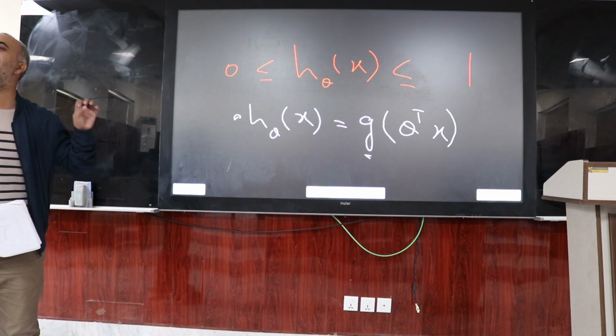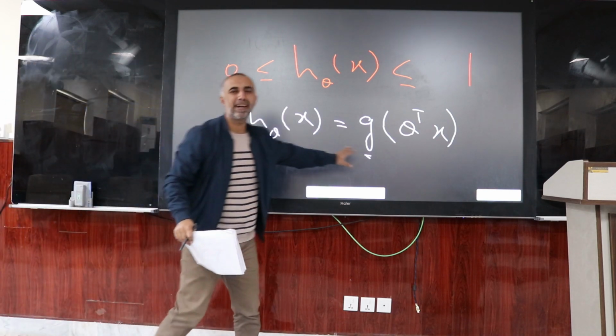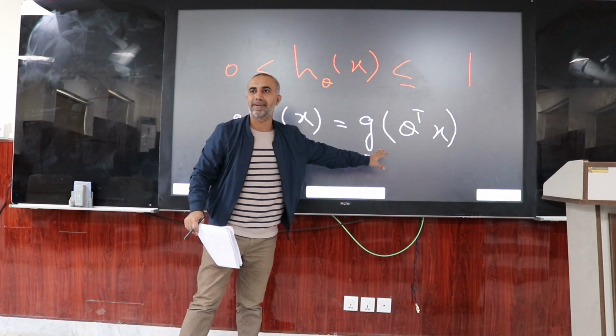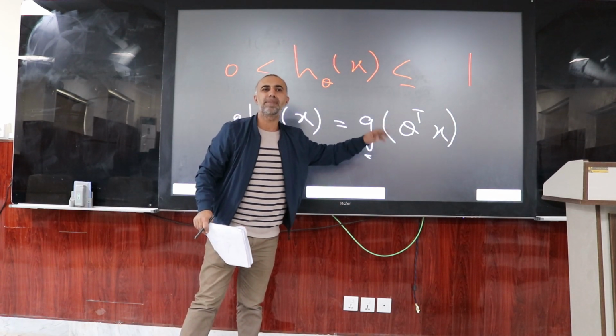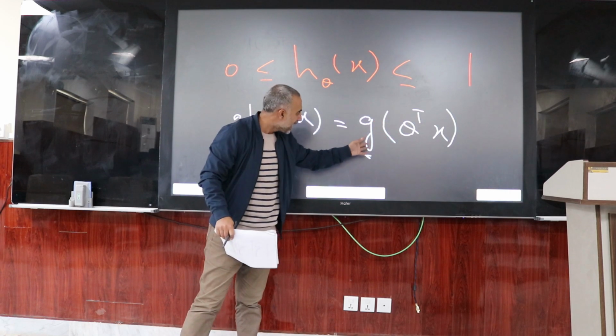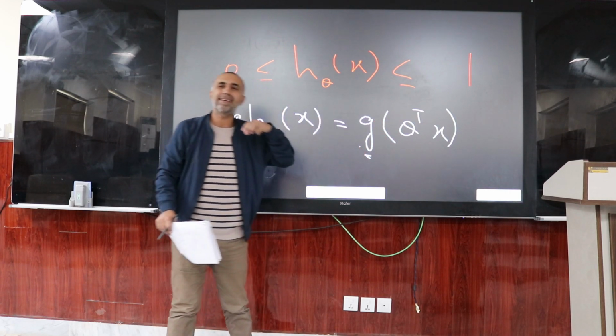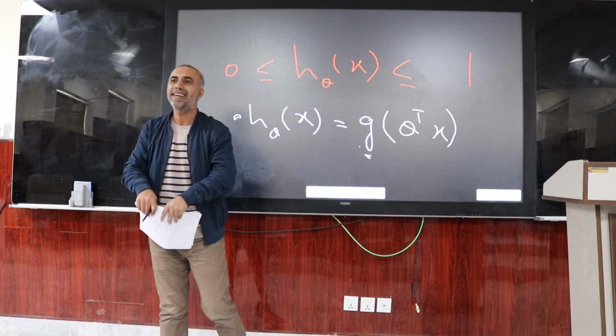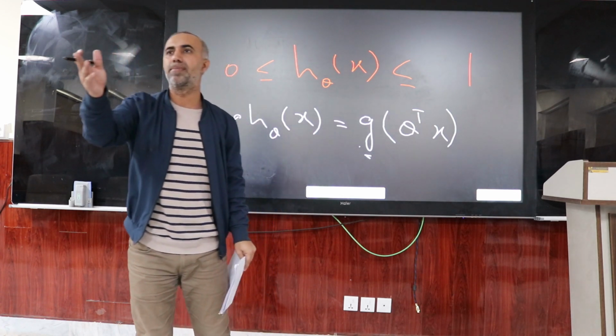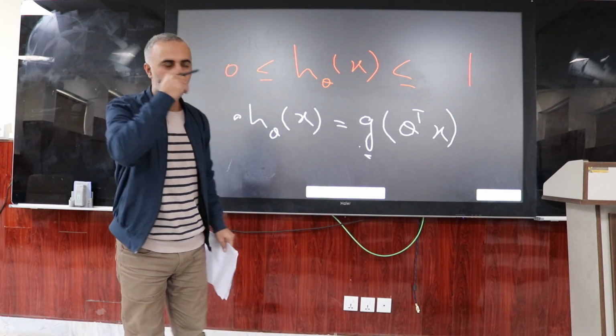If there is no g, then of course this hypothesis is a linear thing, linear regression, theta naught plus theta 1 x1 and so on. But if we use g, we are putting one function inside another function. Some of you may be familiar with this: a composite function.